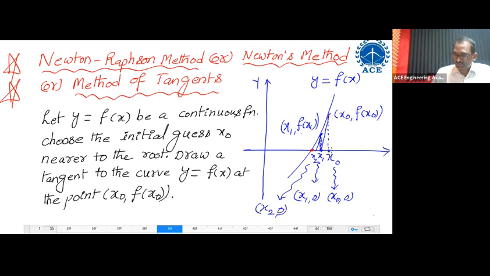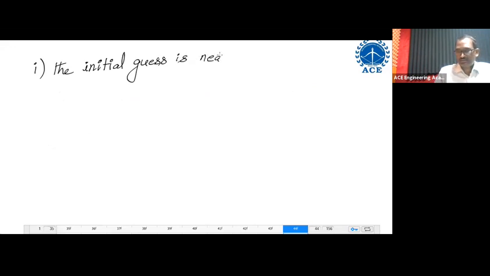So that's why the initial approximation value must be very, very near to the root. The initial guess is nearer to the root.